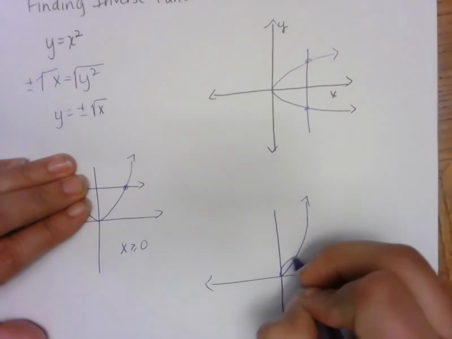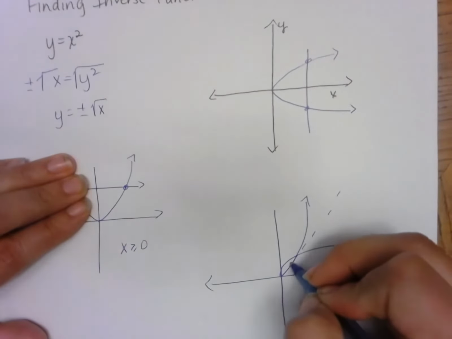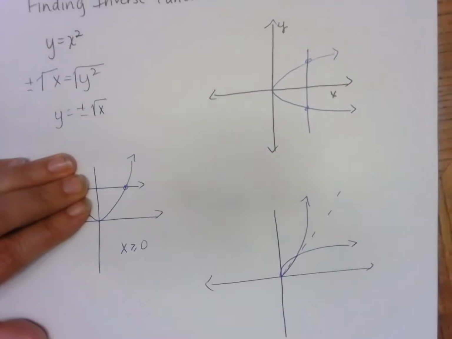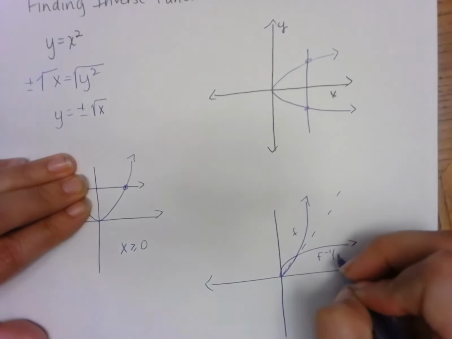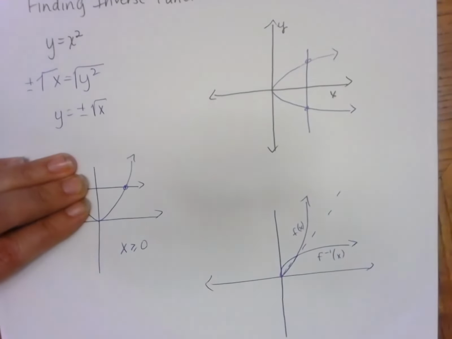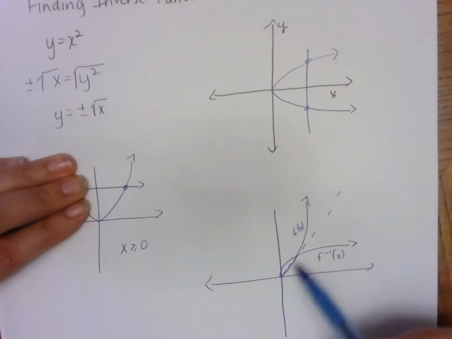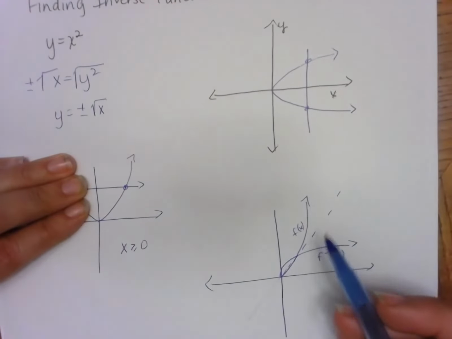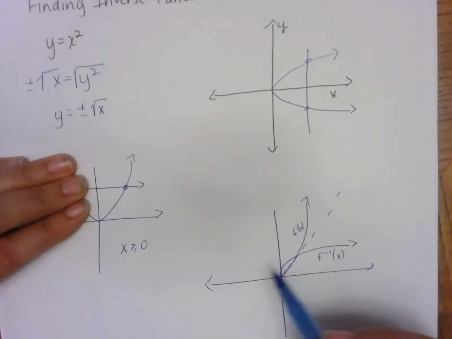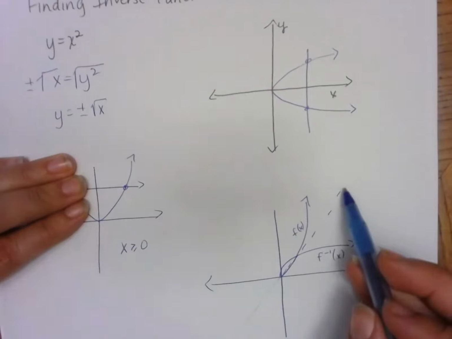If I graph these on the same graph, you can see, and again I'm not perfect here, that f and f inverse of x have this property: if you think of the line that splits the first quadrant and continues down into the third quadrant, then inverses have a reflective nature over it, because when I change the x and y coordinates, that's what ends up happening. I get a reflection.